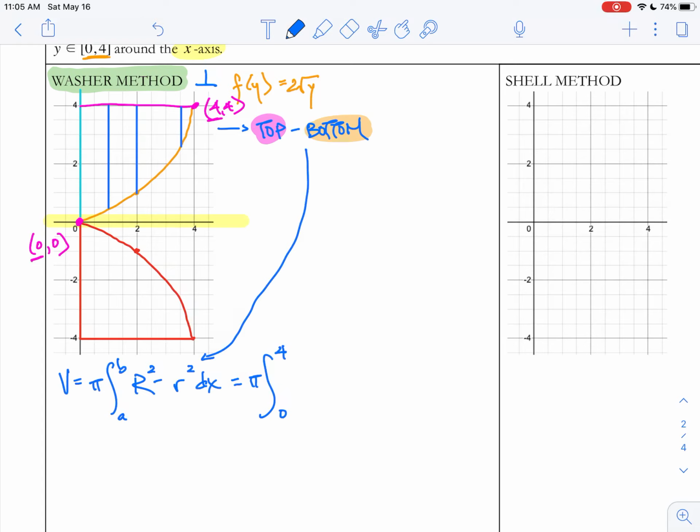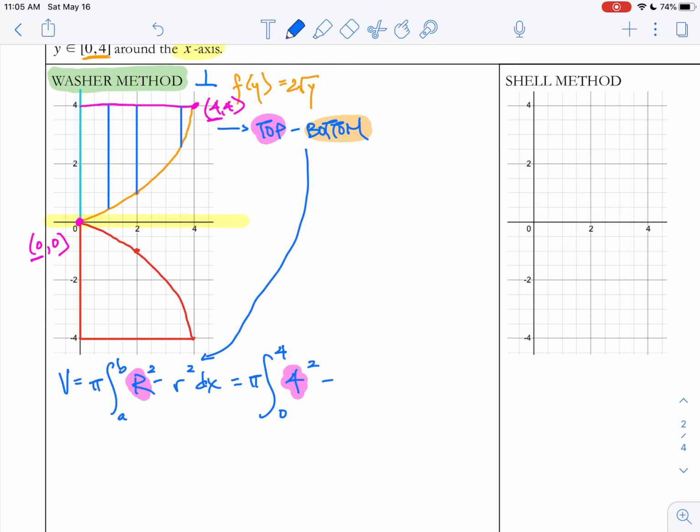Now, the curve that has a greater distance from the axis of revolution is the pink one, and that line is 4. So I need 4 squared. That 4 is my big radius, and I have to square it because it's big R squared.